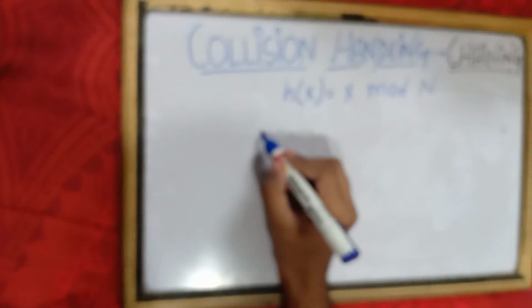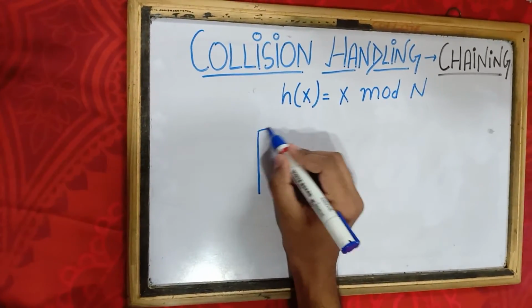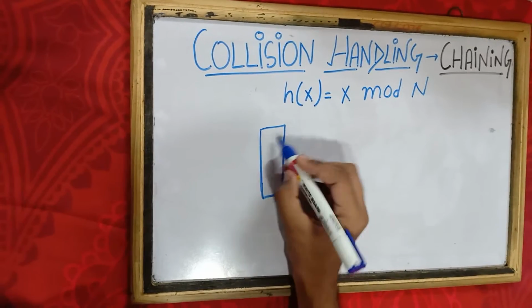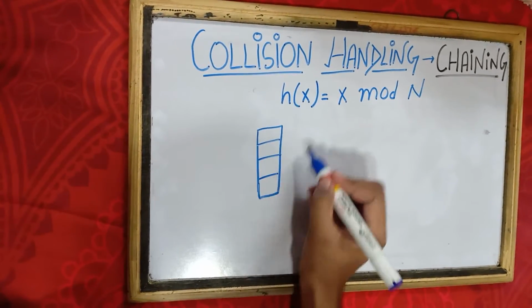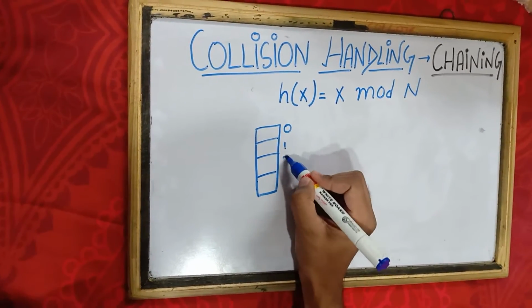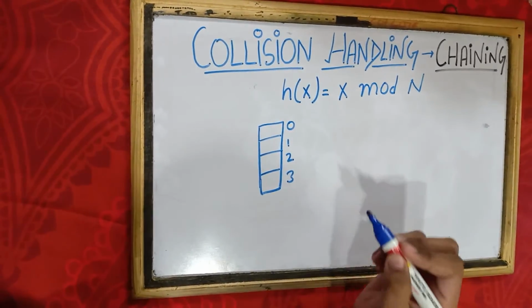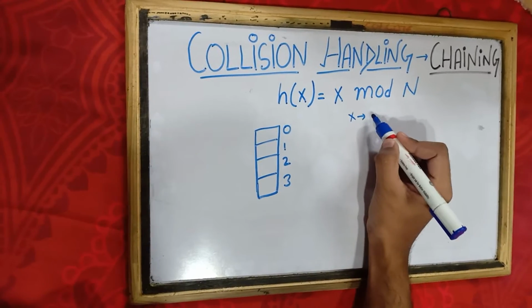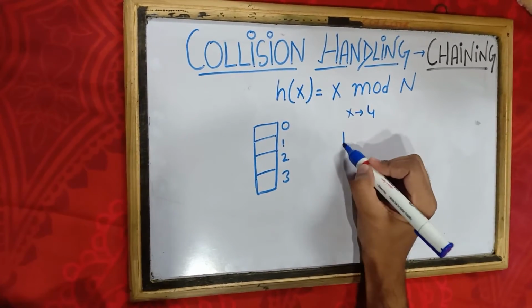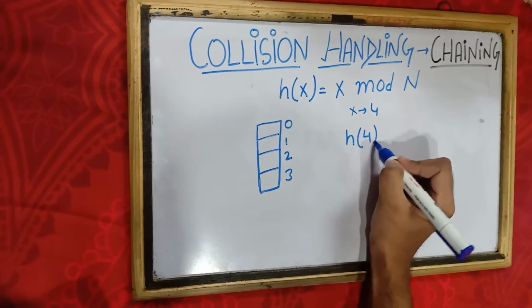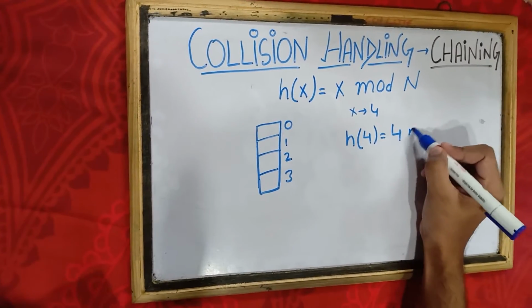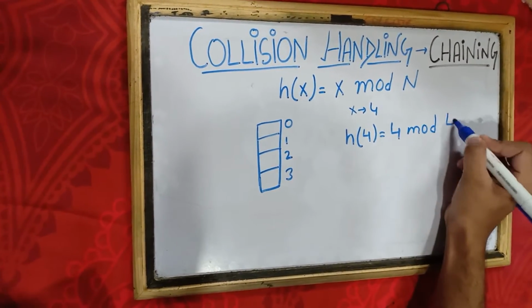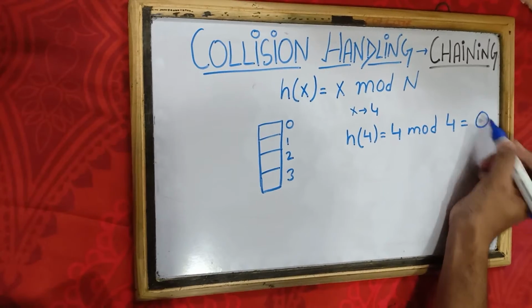Let's say the size is 4, with indices 0, 1, 2, 3. We have the first key as 4, so h(4) = 4 mod 4, which is equal to 0.